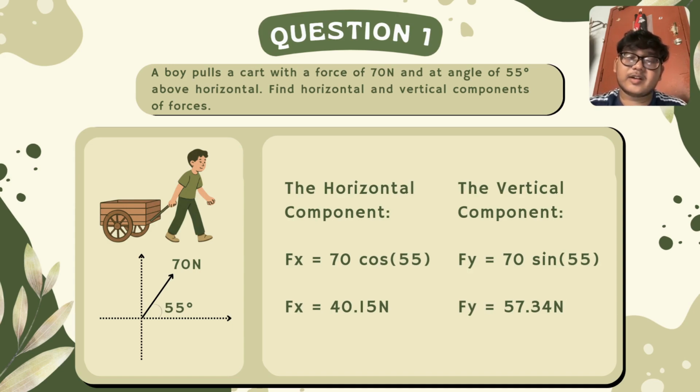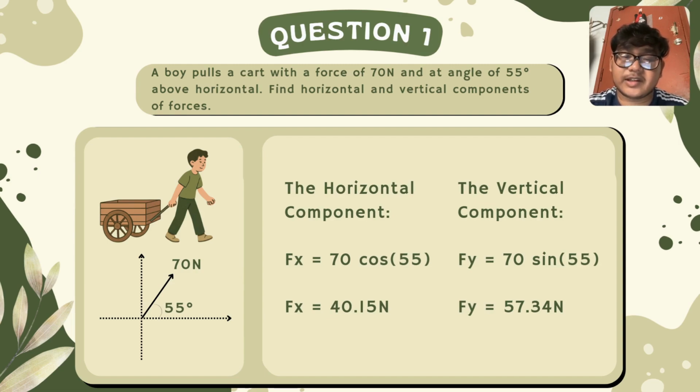And for the vertical component, we need to use the formula F sin theta. So to calculate the vertical component, Fy equals 70 sin 55, where 70 is the F and theta is 55.